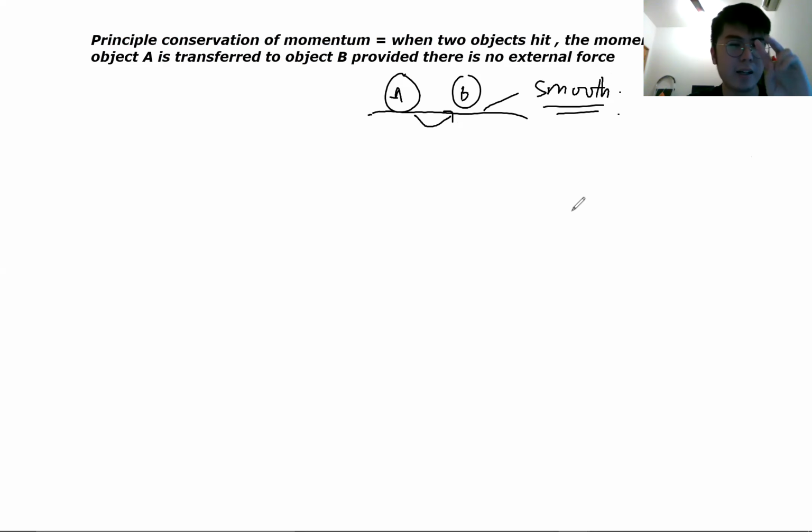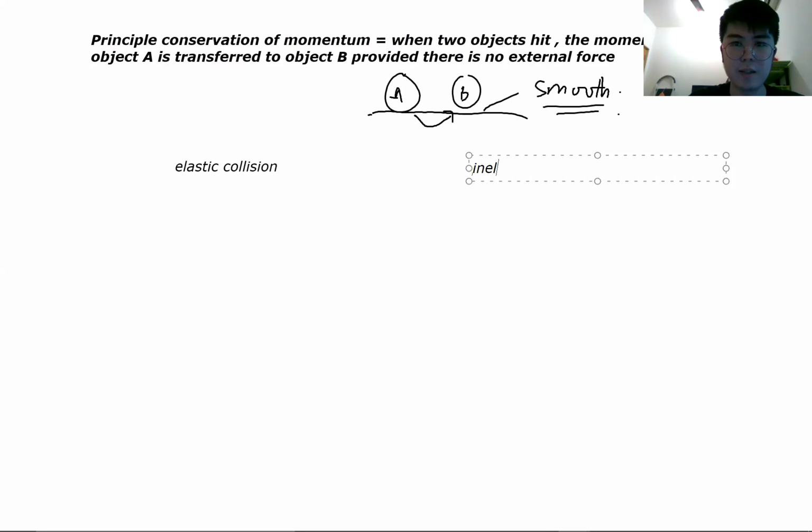Now, there are two types of collision. Let's recall: elastic collision and inelastic collision. What are the differences?